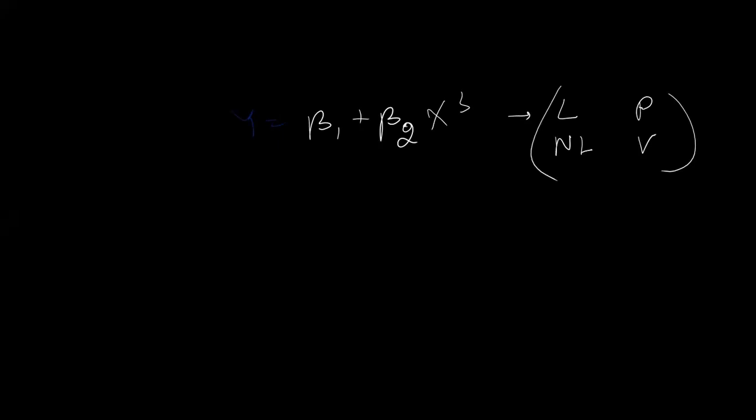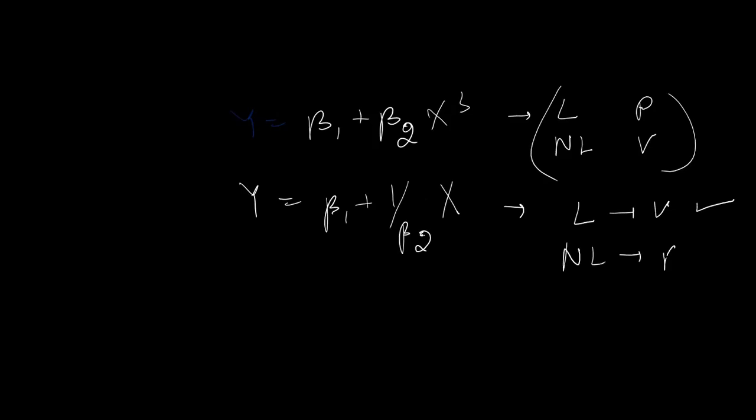Supposedly my equation is y is equal to beta 1 plus 1 by beta 2 x. Then it is linear in variable. X and y are coming linearly, but non-linear in parameter.